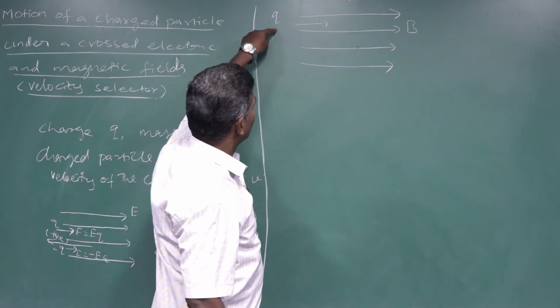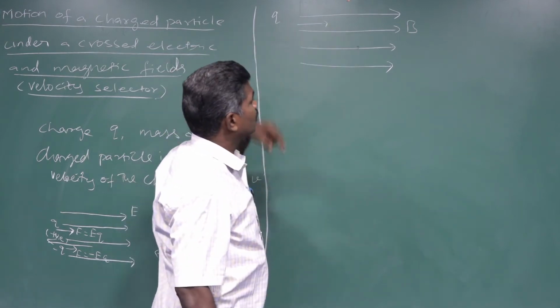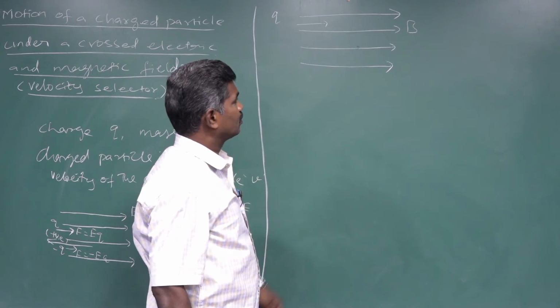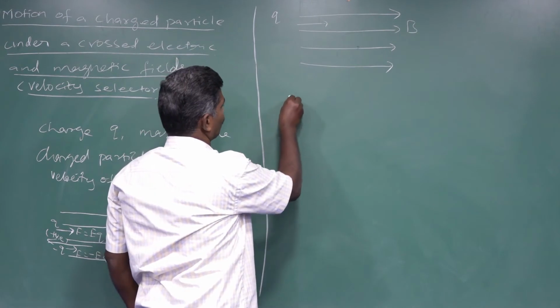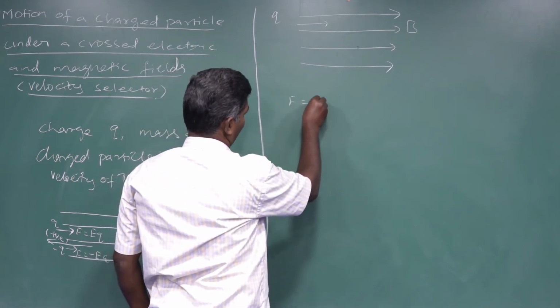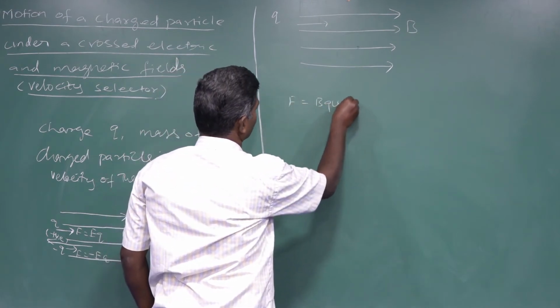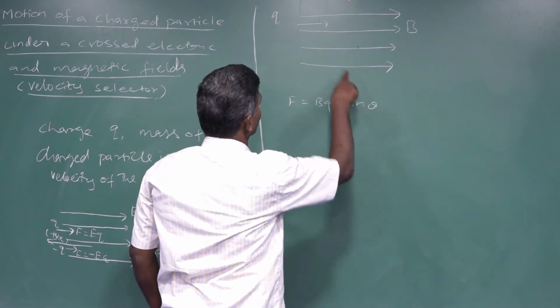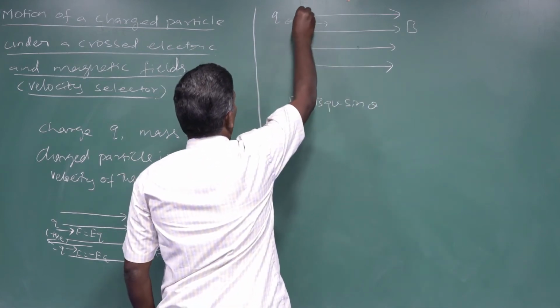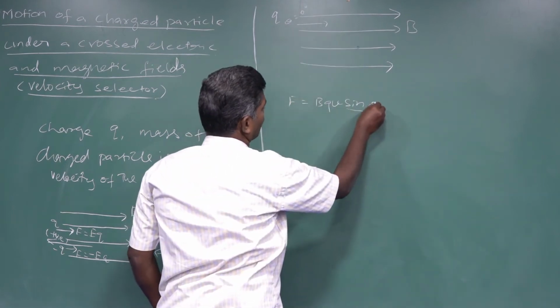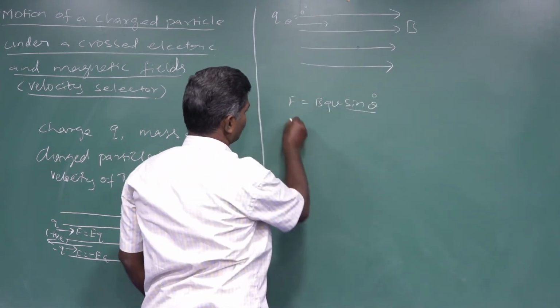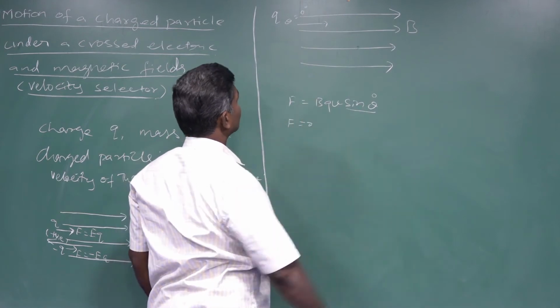If the charged particle enters along the magnetic field, what does the magnetic Lorentz force formula give? We know that F is equal to BQv sin theta. Here the theta value is 0 degrees. If theta is 0, sin 0 becomes 0, so the F value is 0.